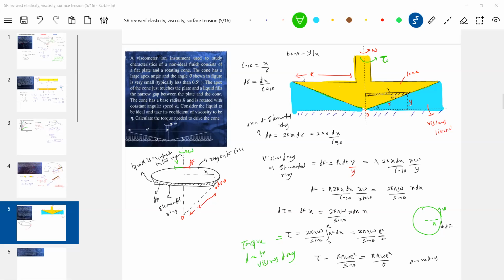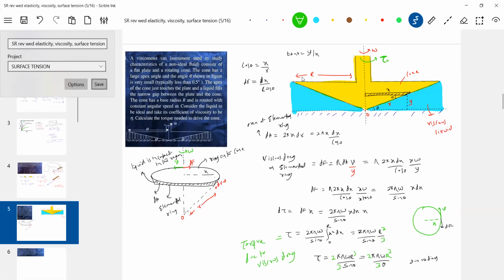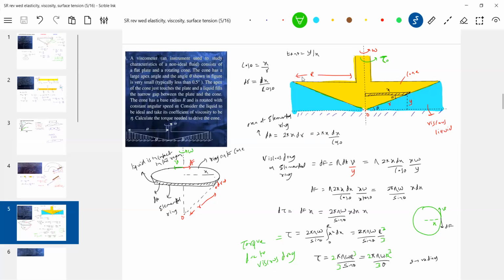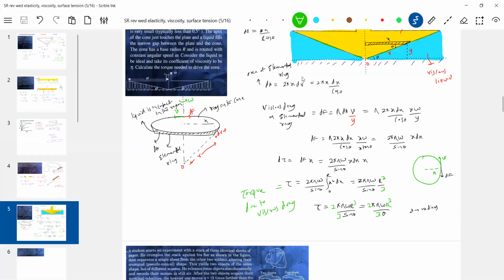R cube by 3 will come. Okay, fine. Yeah, R cube by 3. So 2 pi. Okay, I made the correction. This can be asked. I think you check the EDO notes. There are some sets of questions like this also, so there is a possibility of asking in Advanced, no?